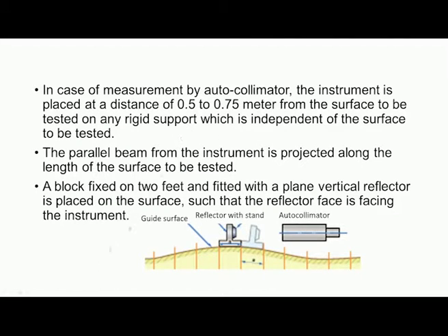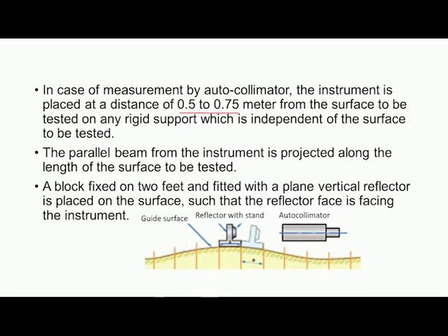Now, whenever we want to take readings, we should keep the autocollimator at some distance, about half a meter to 0.75 meter from the surface to be tested, and it is placed on a separate stand. It will not be placed on the surface which is to be tested, and the parallel beam from the instrument is projected along the length of the surface to be tested.